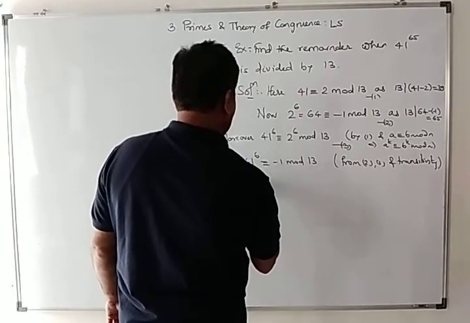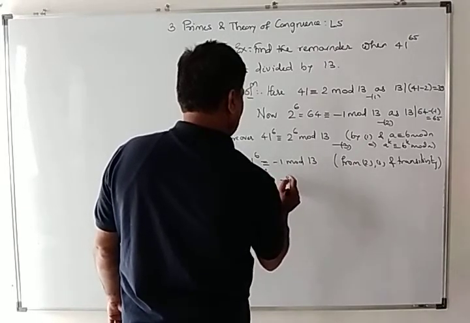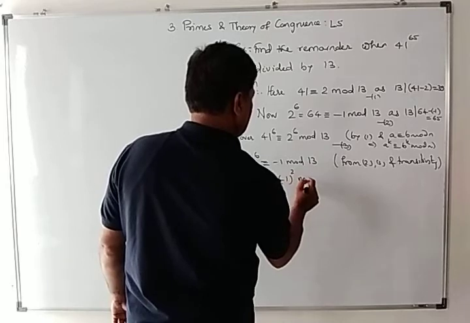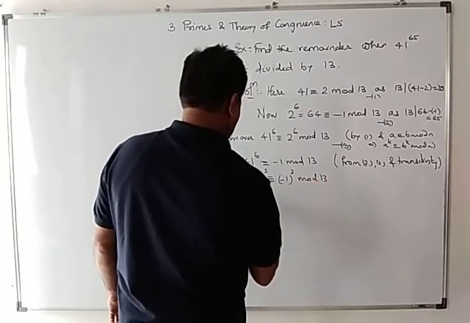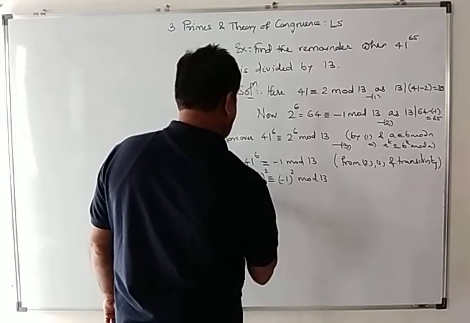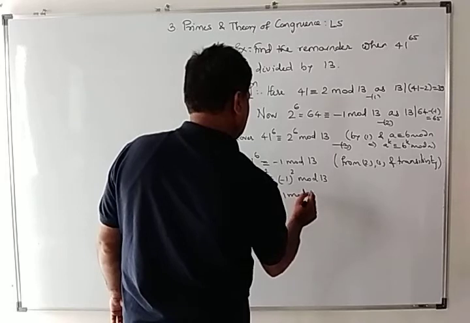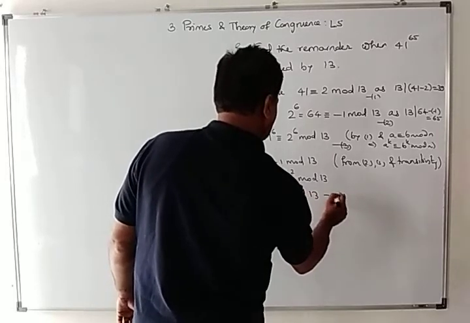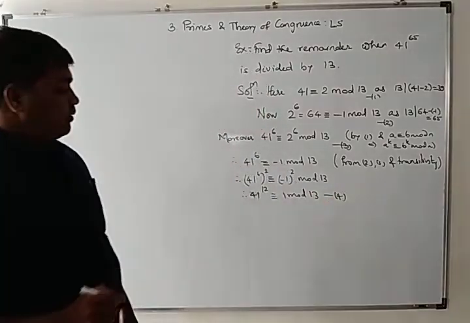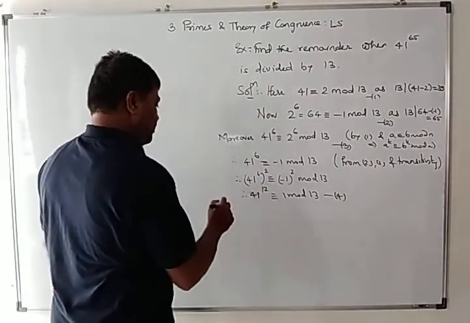Therefore, 41 raised to 6, its square, is congruent to minus 1 squared mod 13, and therefore 41 raised to 12 is congruent to 1 mod 13. Now, we'll divide that 65 by 12.